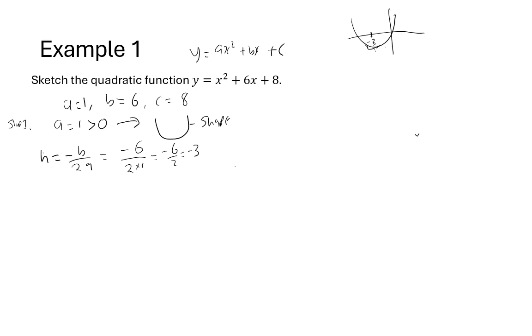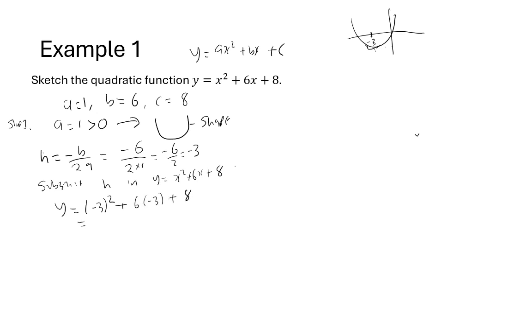So we just substitute h in y equal to x squared plus 6x plus 8. So we'll have y equal to, instead of x, minus 3 squared plus 6 times minus 3 plus 8.